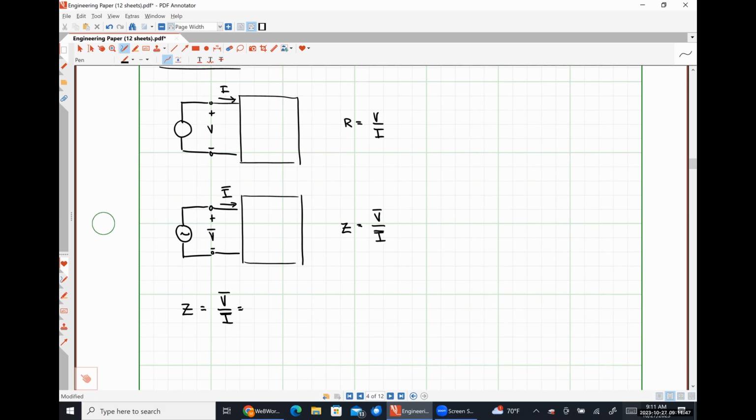In polar form, this is going to look like Vm angle theta V divided by Im angle theta I, which is just the magnitude of our voltage divided by the magnitude of our current with a phase angle of theta V minus theta I, or the magnitude of our impedance with a phase angle, which is the phase angle of our impedance. Okay. So that is our polar form representation.